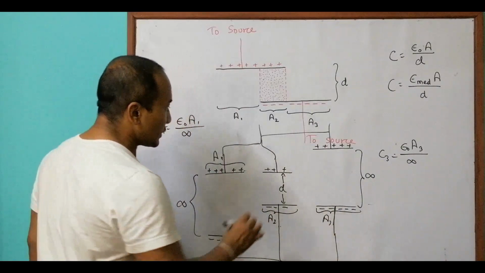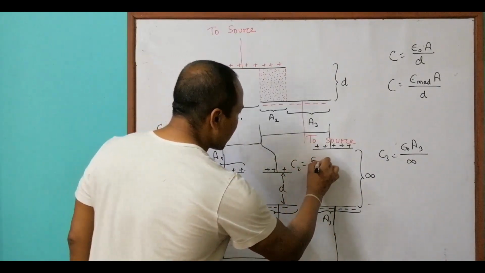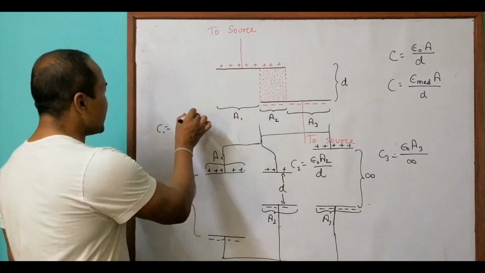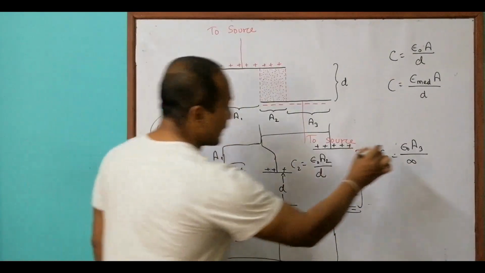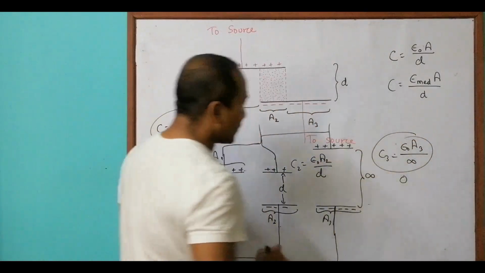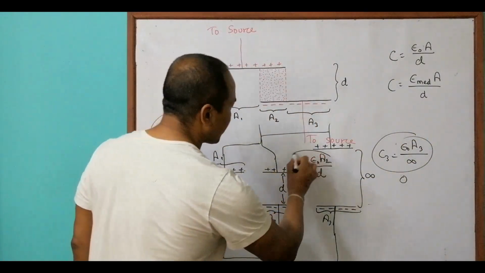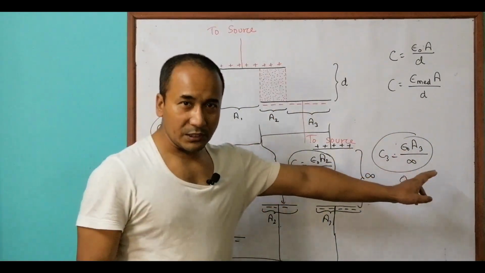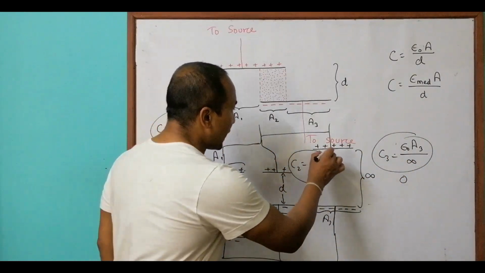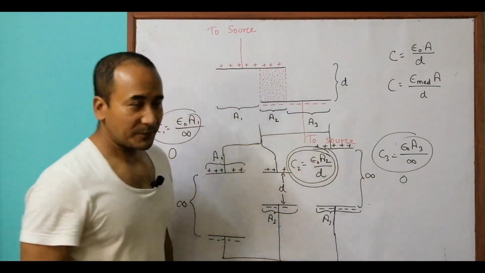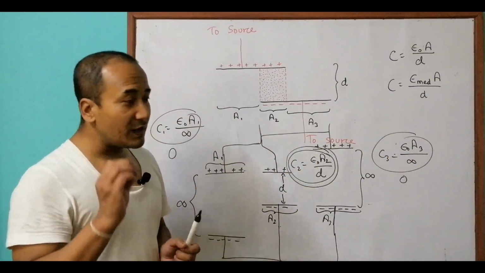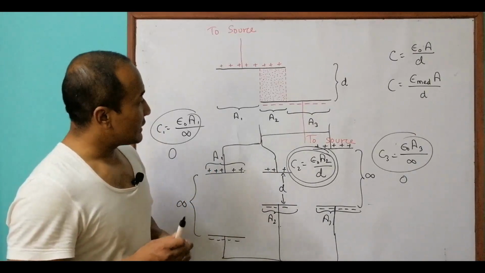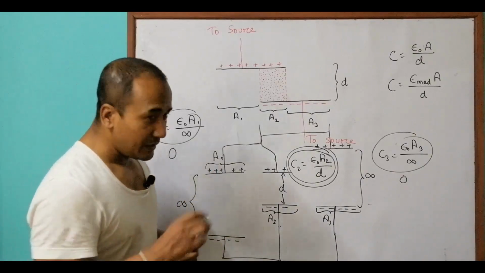And C2 is equal to epsilon naught A2 by D. So C1 is 0, C3 is 0, and the only capacitance remaining is C2. In parallel they add up, which ultimately gives C equal to epsilon naught A2 by D. That means only the overlapped area counts. So it should be epsilon naught times the overlapped area divided by the separation.